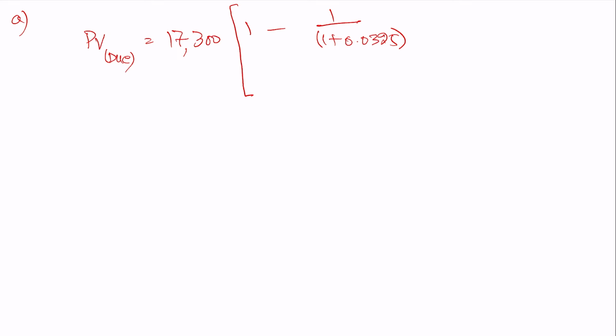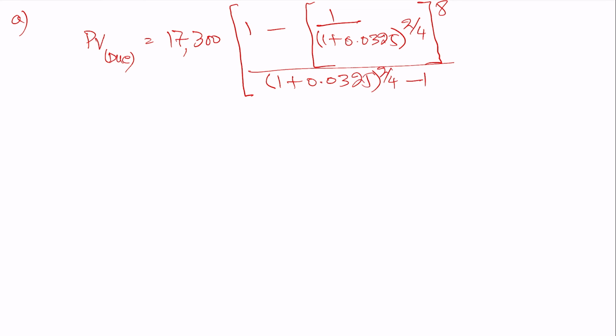That is very simple. We want to find the present value due: PMT 17,300 times 1 minus 1 over (1 plus 0.0325) exponential 2 by 4, whole exponential n, and you know n is 8, divided by (1 plus 0.0325) exponential 2 by 4 minus 1, into 1 plus 0.0325 exponential 2 by 4.